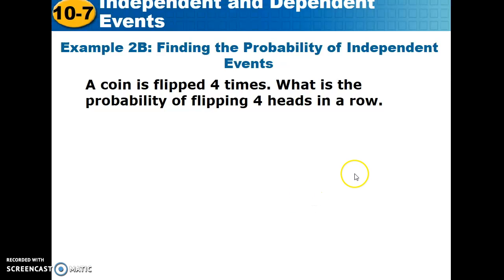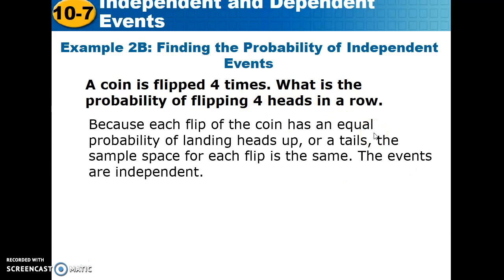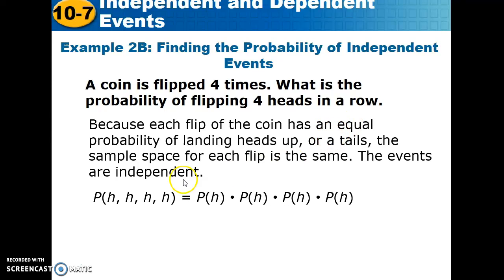A coin is flipped 4 times. What's the probability of flipping 4 heads in a row? Each coin, as we flip it, is independent of the last flip. Yes, that is a word. The probability of it landing heads 4 times in a row, we're going to look at that.